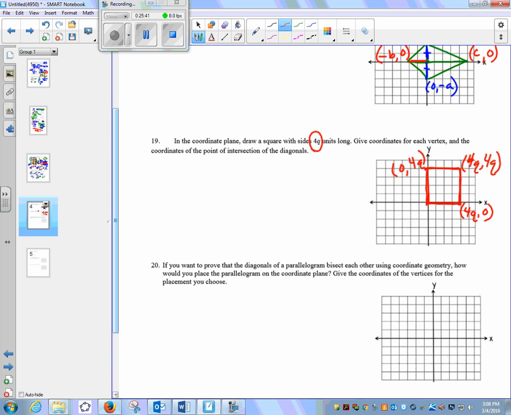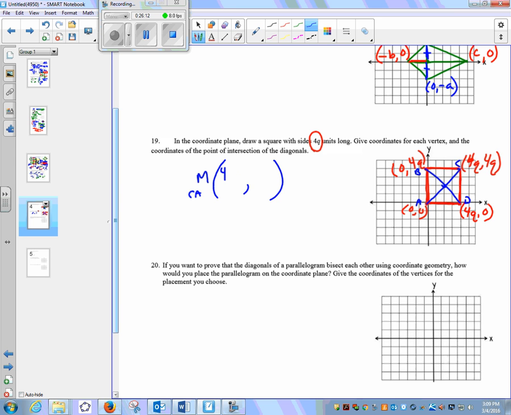So the coordinates of each vertex, this is 0, 0, and the coordinate of the point of intersection of the diagonals. So if I find the point of intersection of the diagonals, these should bisect each other, right? So I should be able to get where they intersect, it's going to be the midpoint. So I'm going to do midpoint of, let's call this A, B, C, D. I'm going to do the midpoint of CA first.